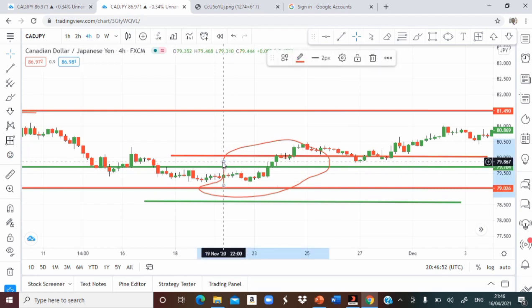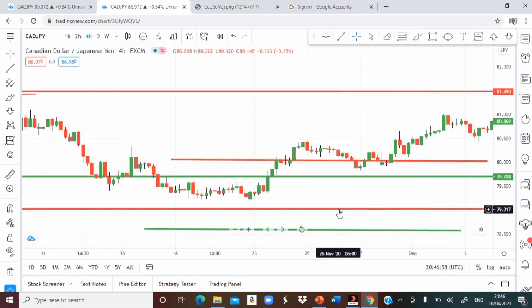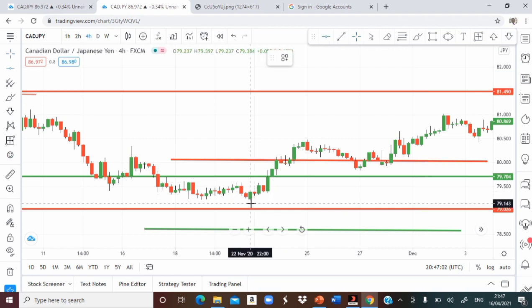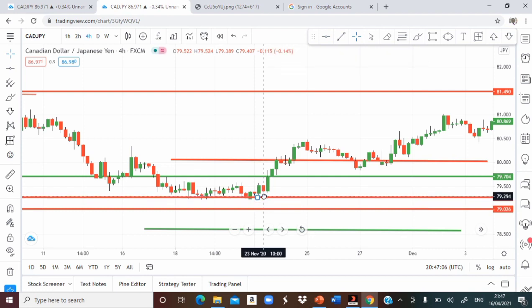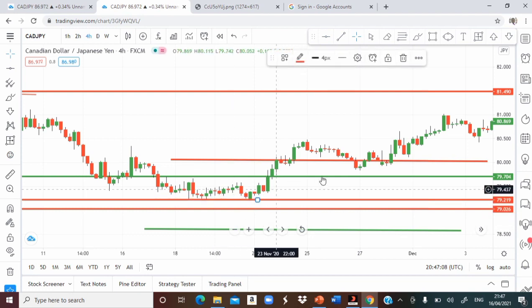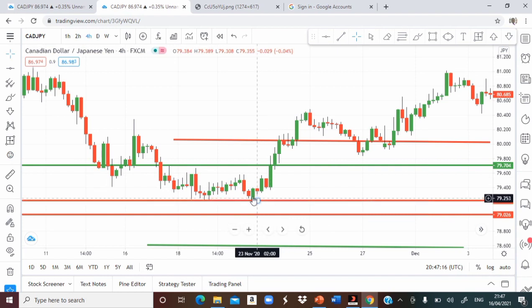Let me remove this. If you were using a smaller time frame, you would have entered this market with this on that particular day. This would have been your entry.